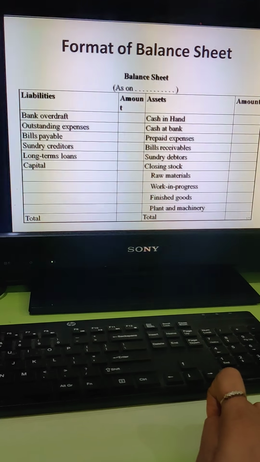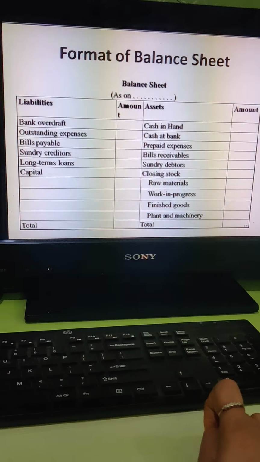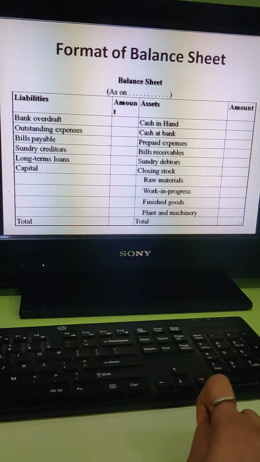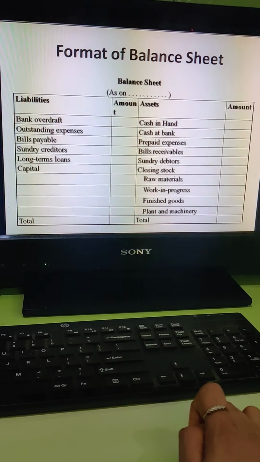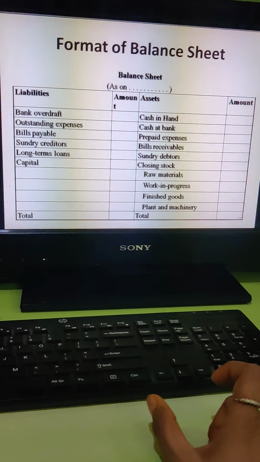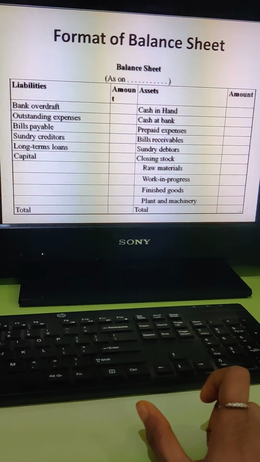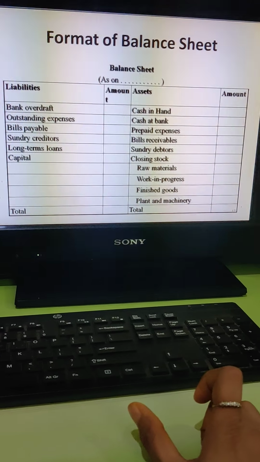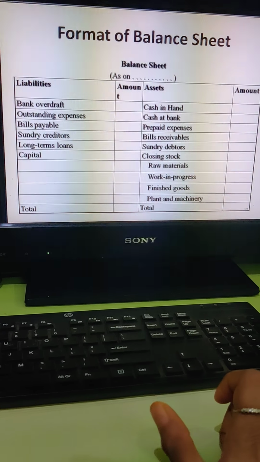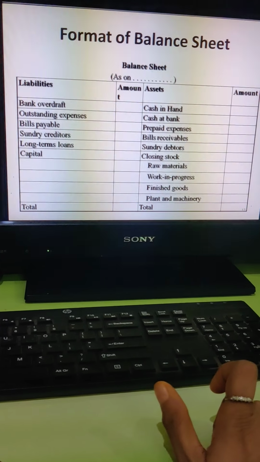For example, if you are preparing a balance sheet for the accounting period ending 31st March 2020, then you are supposed to write balance sheet as on 31st March 2020. There is a specific accounting period for which you are preparing this balance sheet. So at the end of the accounting period, this is the position of the business.